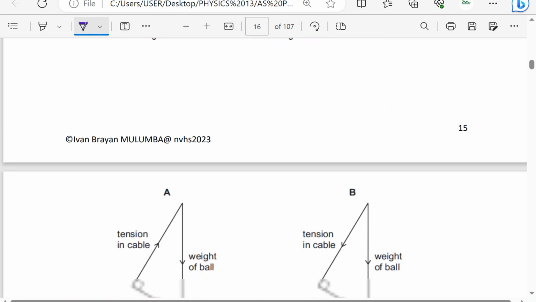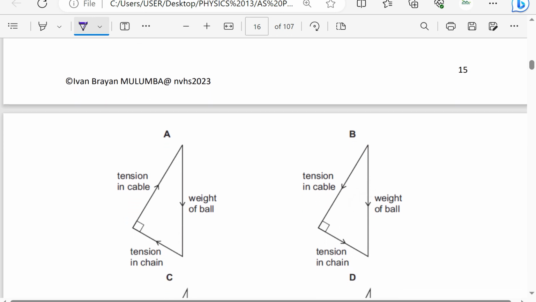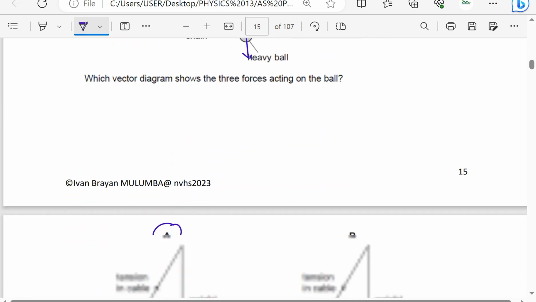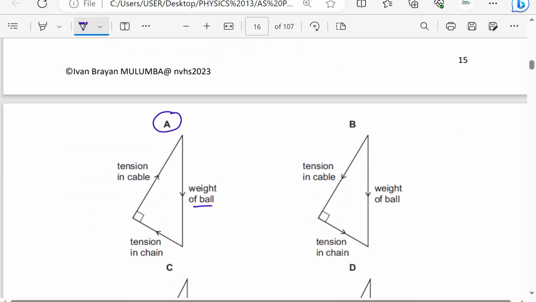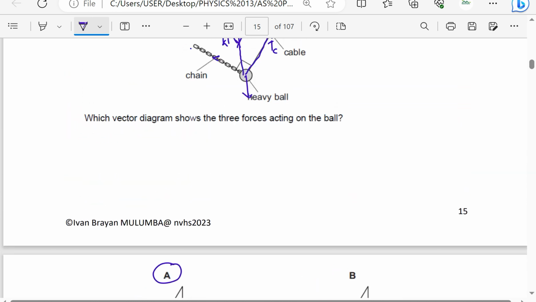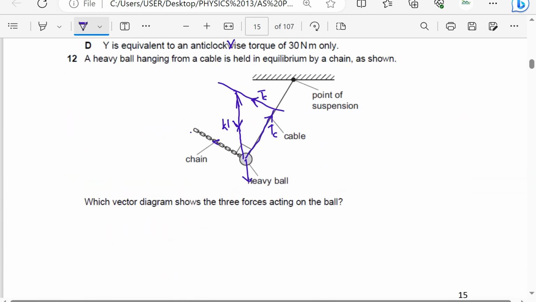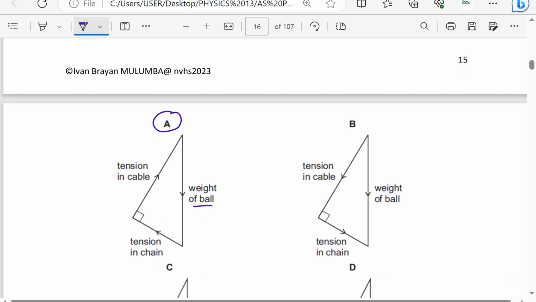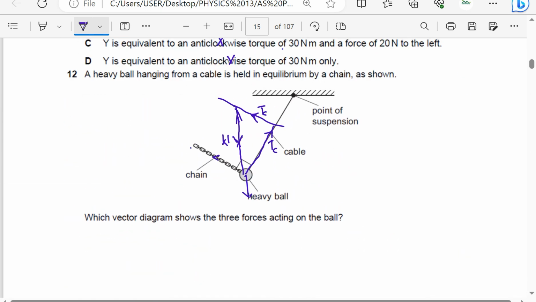So let's check here. The answer is going to be A because there is weight vertically downwards, and then there's tension in the cable which points in this direction, and there is tension in the chain which points in this direction here. And because this line makes 90 degrees with this, it also makes 90 degrees with that.